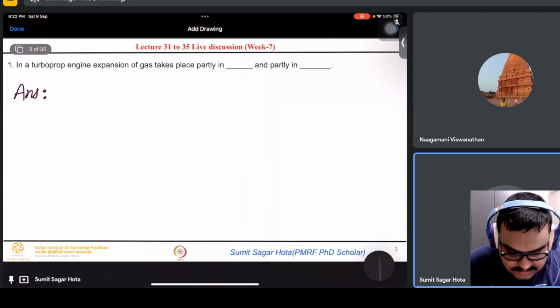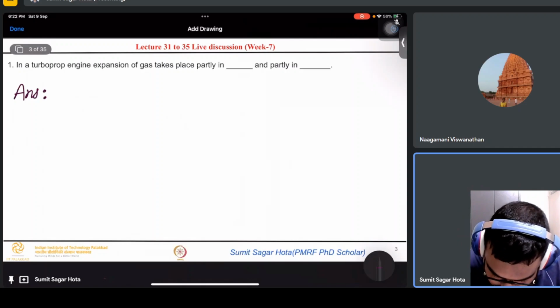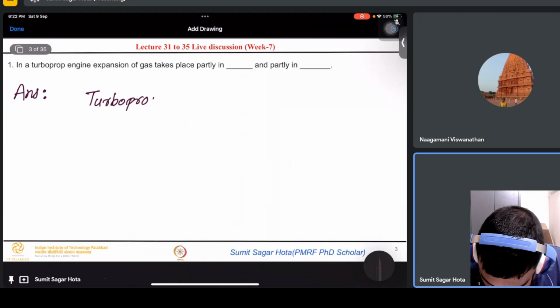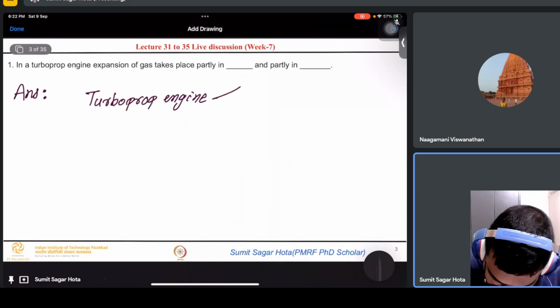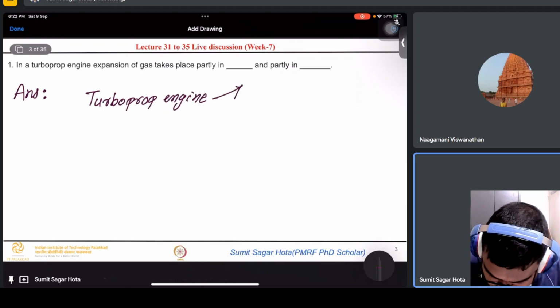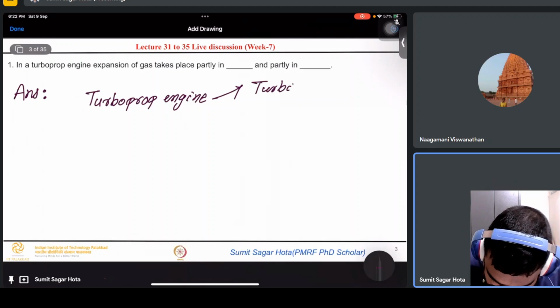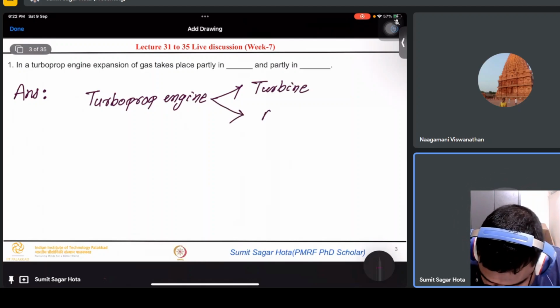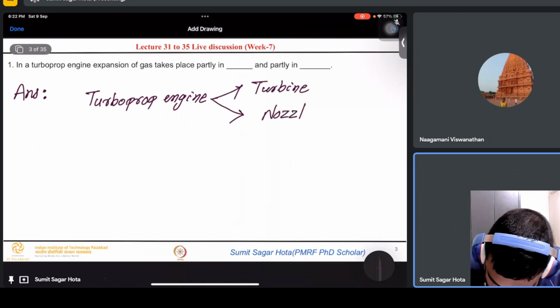The answer is, in a turboprop engine, there are two parts: one is the turbine, one is the nozzle.